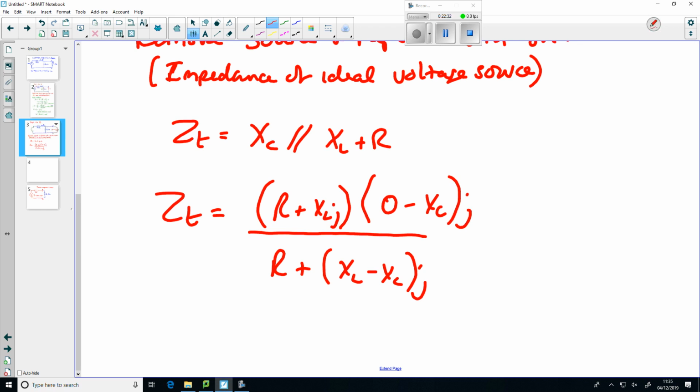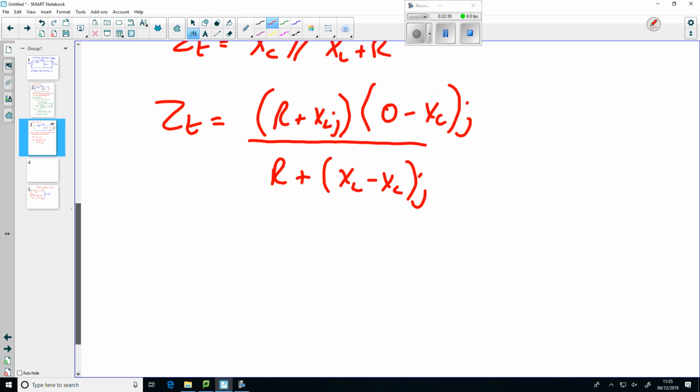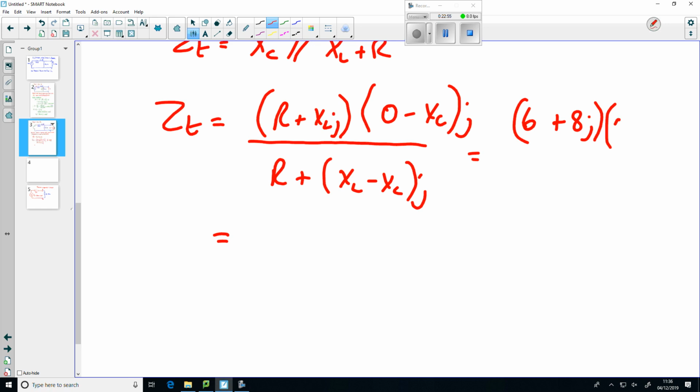We want to multiply two complex numbers together for the numerator on the top, so we really want them in polar form. This resistance is 6 plus 8J, multiplied by 0 minus 3J, capacitance.